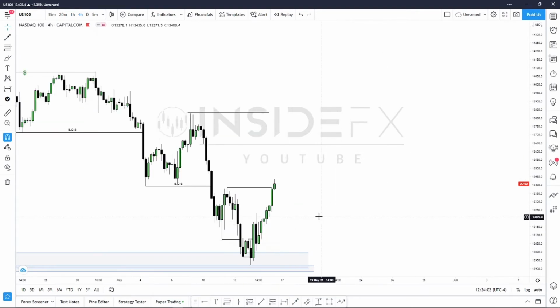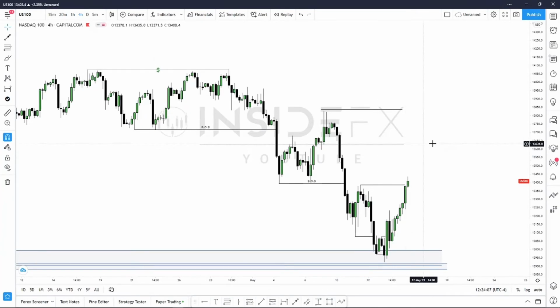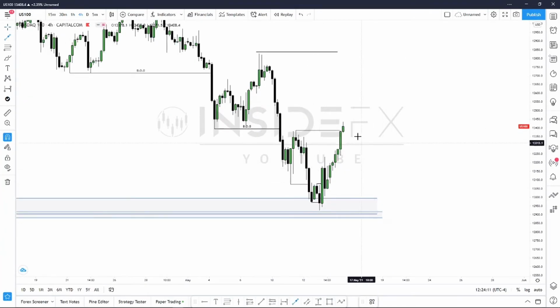But what you want to do from here is not just enter where price is at the moment. What you want to do is wait for price to retrace towards the downside before making a decision whether you want to enter the trade or not, right?